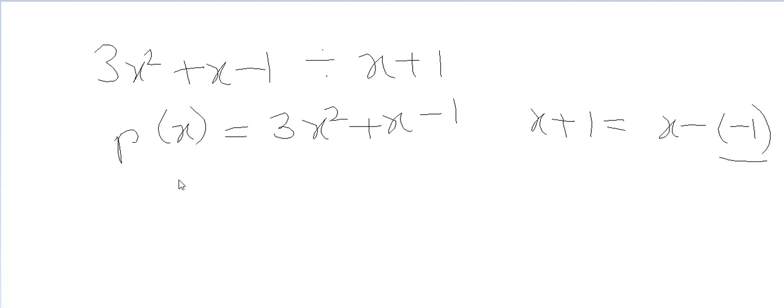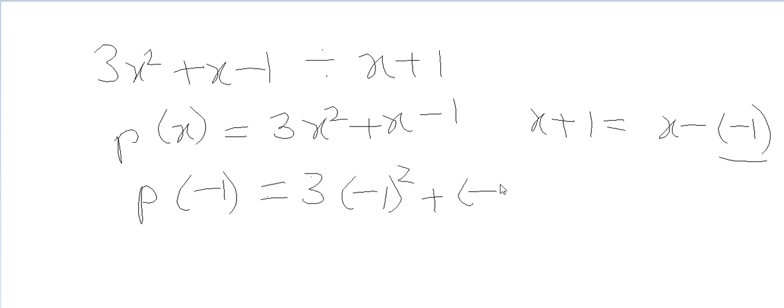So our remainder is p(a). In this case our remainder would be p(minus 1), which is 3 times (minus 1) squared plus (minus 1) minus 1. This would give us 3 minus 1 minus 1, which is equal to 1.